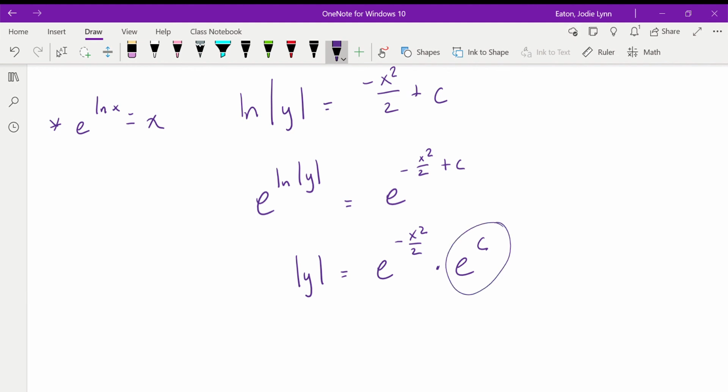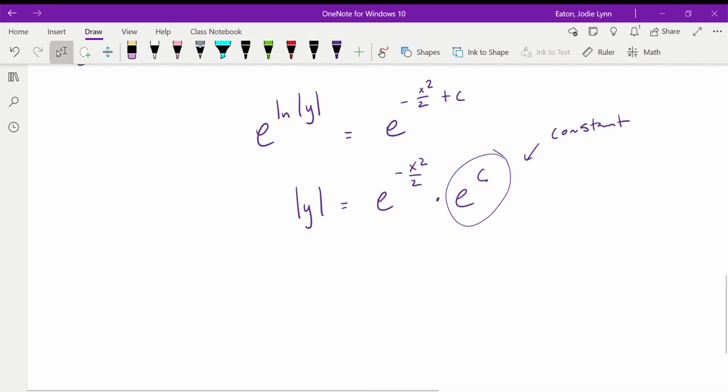So this right here is going to be our constant. We're going to let e to the c equal a, just as a different constant.